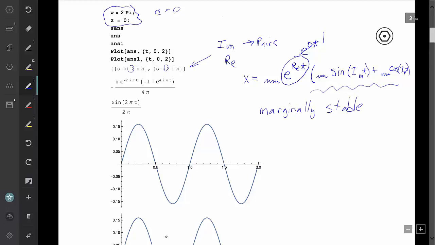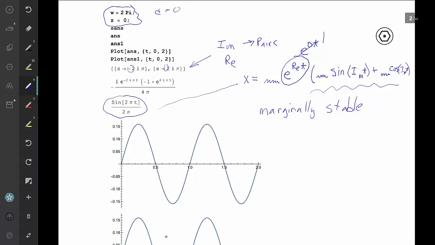Okay, and if you look at the solution to the differential equation, you have it right here. This is probably the easiest one here. So if you notice, this matches the form that I'm trying to indicate to you here. X is going to be e to the 0t, which is 1, times the sine. Could have a cosine, but because of the initial conditions here, it just happens to have a sine.